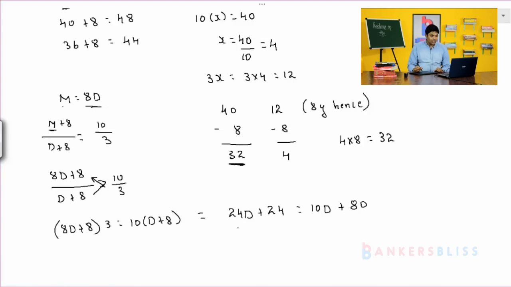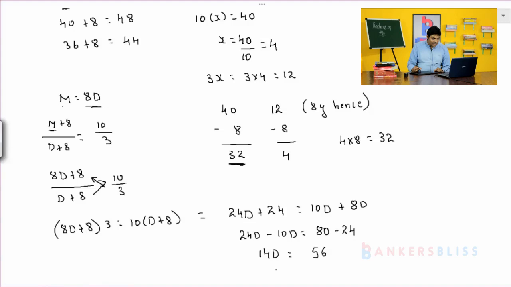So 24D minus 10D is equal to 80 minus 24. 24D minus 10D is 14D, which is equal to 56, since 80 minus 24 is 56.